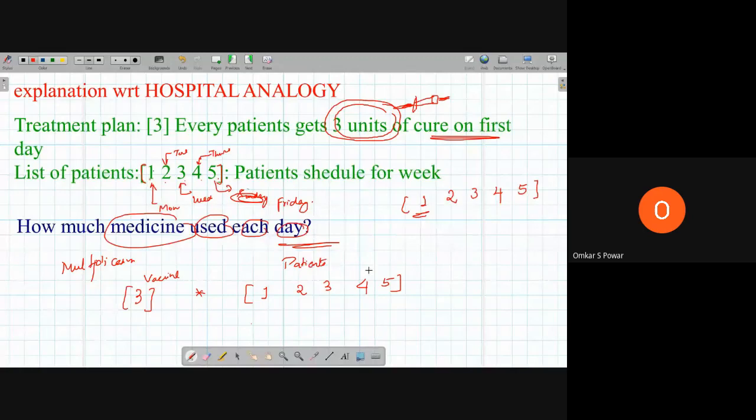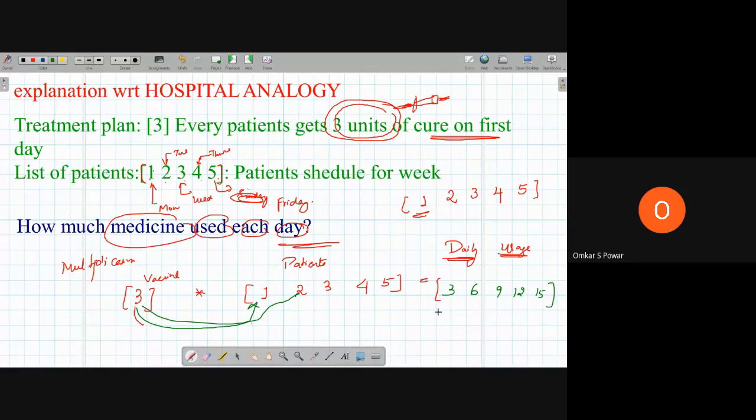In order to get the total daily usage, how many units or dosages of vaccine are used every day, what will you do? You will simply multiply. So 3 into 1 is 3, 3 2s are 6, 3 3s are 9, 3 4s are 12, and 3 5s are 15.